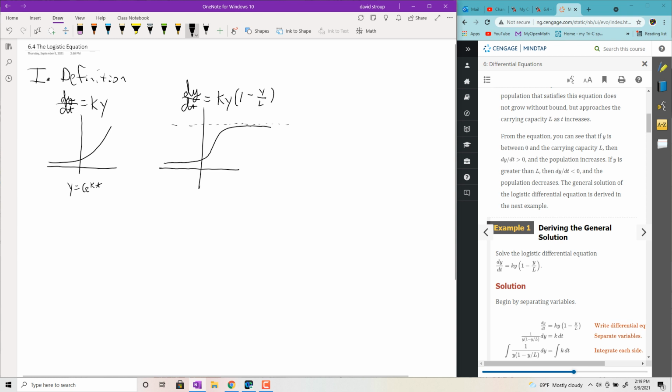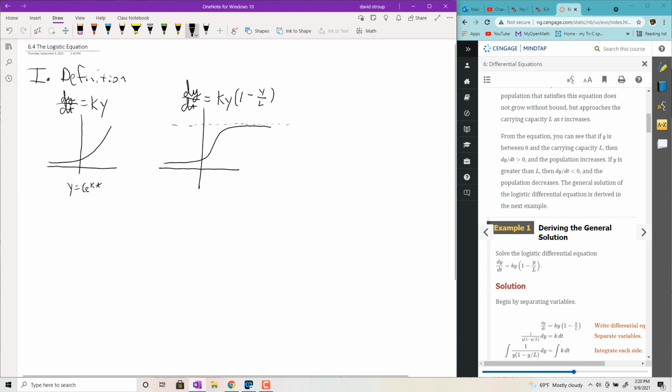So once y goes above some number L, the rate of change of population will be negative, it'll be going down. Up until that point L, though, it'll be growing.